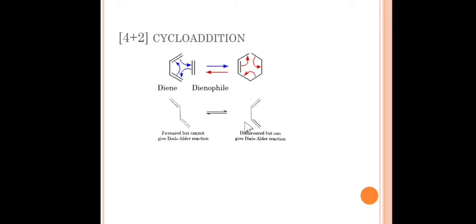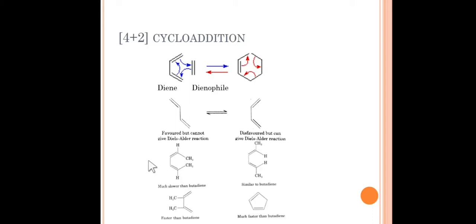So friends, let's see what types of dienes we come across in Diels-Alder reactions. You can see here, this is the diene containing two methyl groups on the inside. Due to the steric repulsion, this is always going to be trans. So this is less reactive or much slower than butadiene. In this case, there are two methyl groups which are outside.